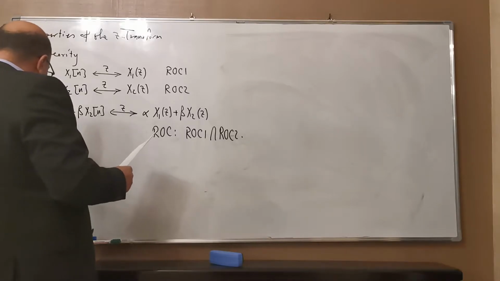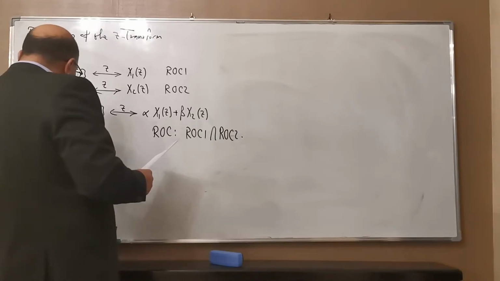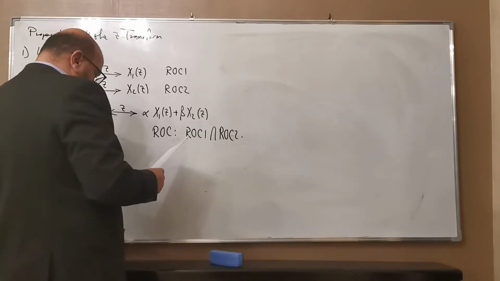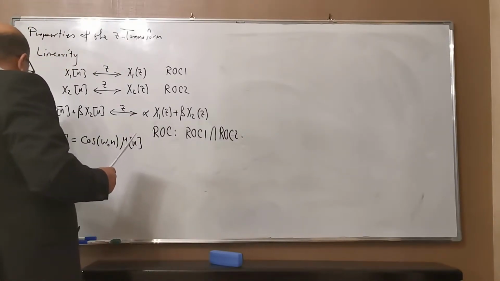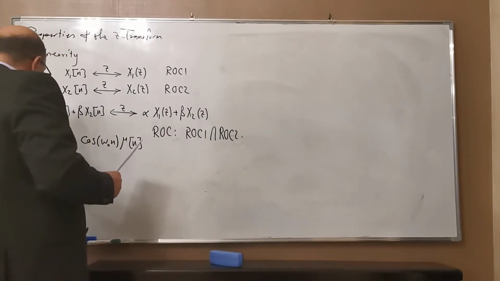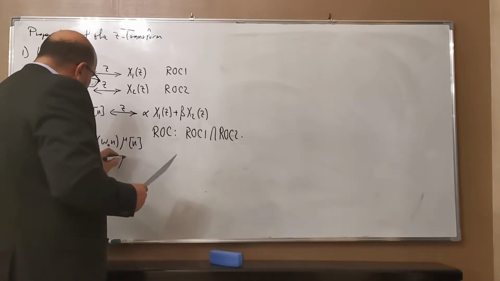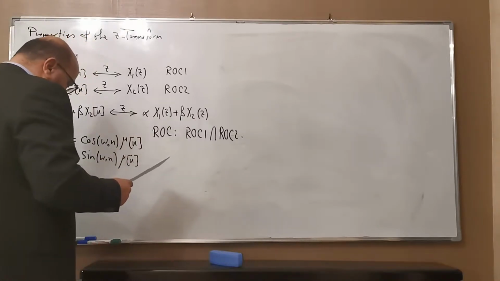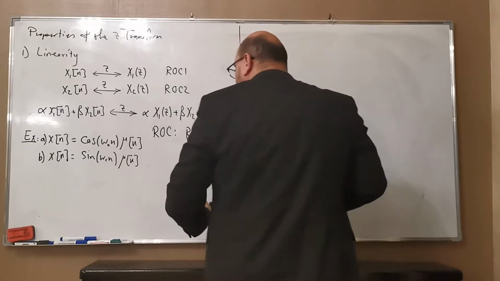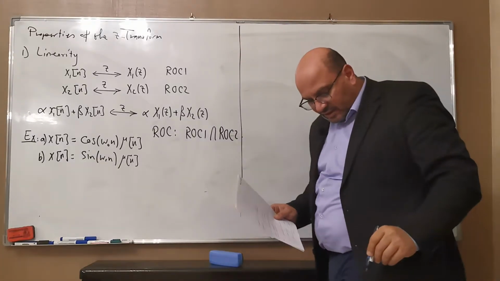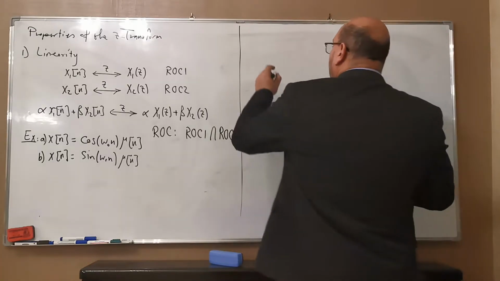X of n equals, let's say that this is part A, x of n equals cosine omega 0 n mu of n, and the second one is x of n equals sine omega 0 n mu of n. Okay, I'm gonna do the first one, and I'm gonna leave the second one as an exercise for you to do by yourself. So let's do the first one.